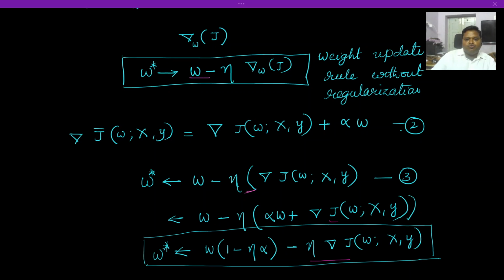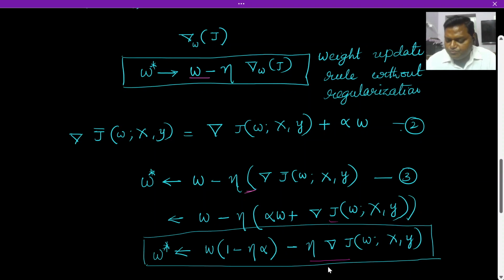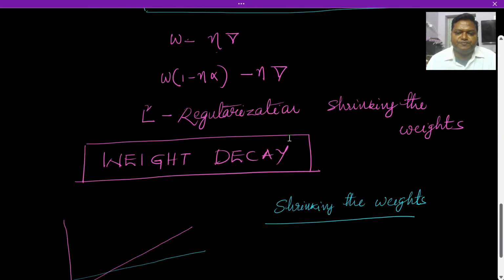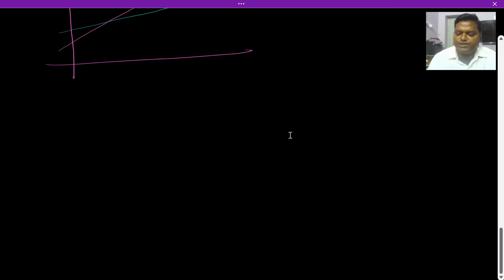And what we can see from here is that the weight is being reduced. If it is linear regression, suppose you are dealing with linear regression, we'll be talking about mean square error. What is mean square error?